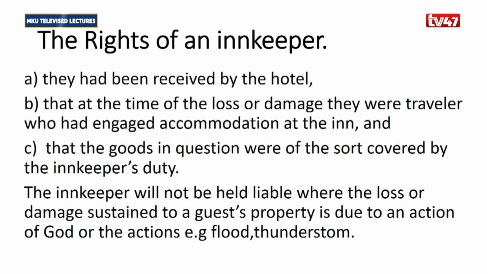They must also give proof that at the time of the loss or damage, they were travelers who had engaged accommodation at the inn, and that the goods in question were of sorts covered by the innkeeper's duty.